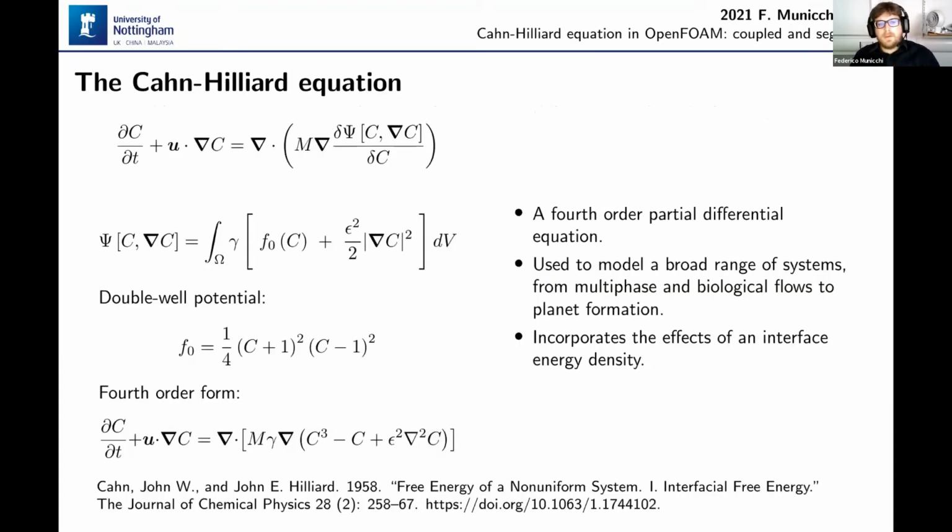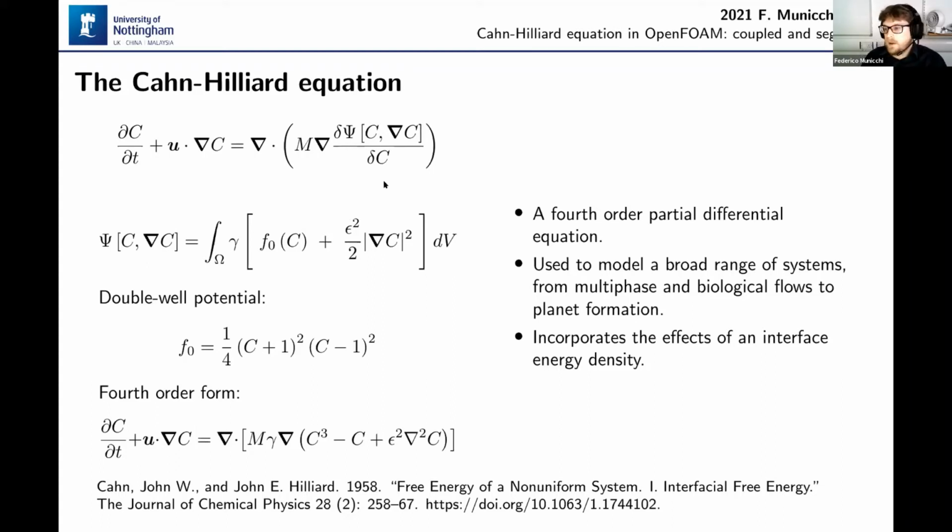So what is this about? It's about the Cahn-Hilliard equation. The Cahn-Hilliard equation looks quite similar to the alpha equation in form. The main difference is that there is an additional term, the divergence of a flux, which is calculated based on a free energy through a chemical potential.